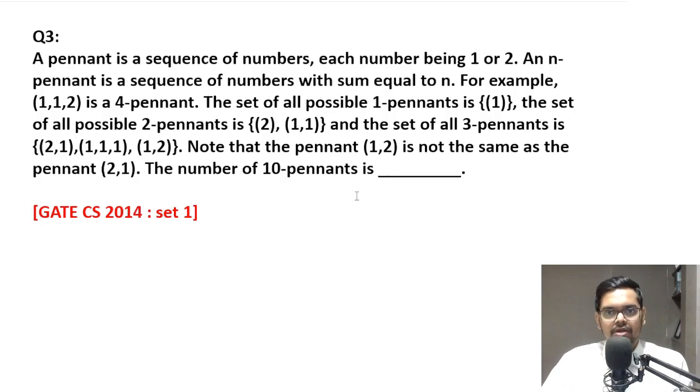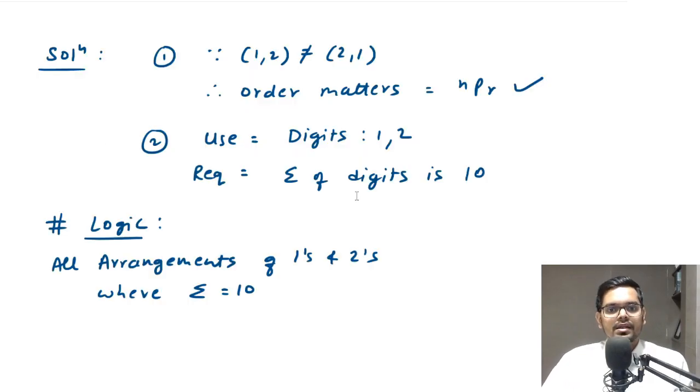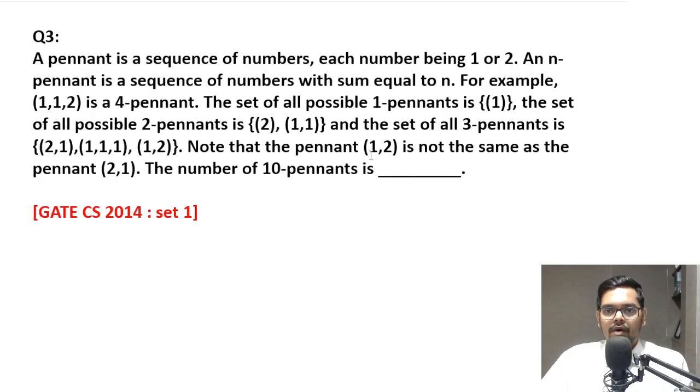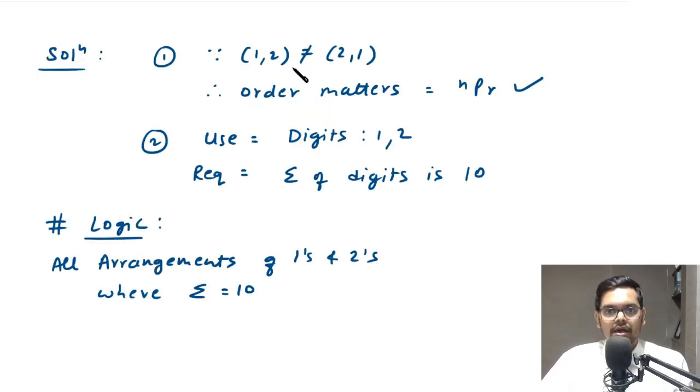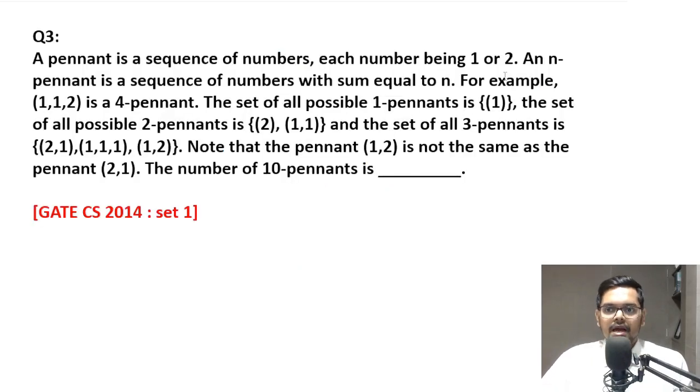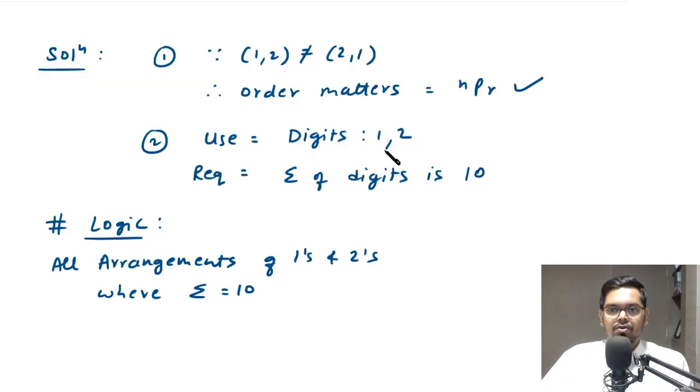First of all, write down the criteria. What are the criteria? First of all, 1, 2 is not the same as 2, 1. This indicates order matters. And order matters means it is a permutation question, not a combination question. Now, second thing, we have to use 1 or 2, this digit only. Okay, digit 1 or digit 2 only.